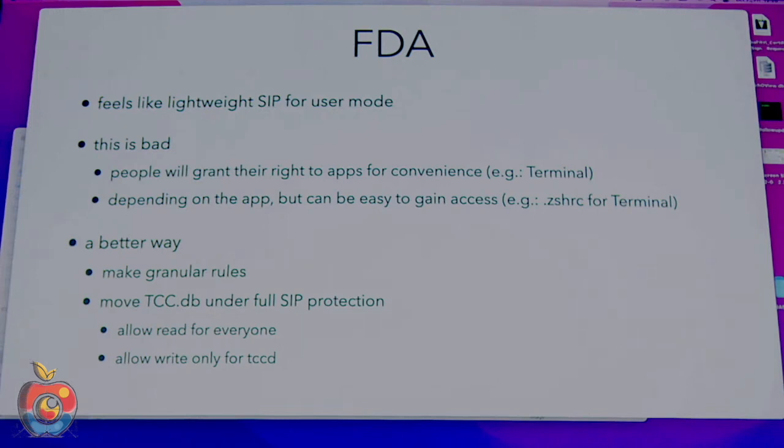And depending on the application, having Full Disk Access, you might easily inject code into the application. With Terminal, it's really easy. You just edit the .zshrc file, or create a terminal script, and at that point you run commands in the context of Terminal, and you inherit all of its permissions, and you get Full Disk Access. I think a much better way would be to make more granular rules.